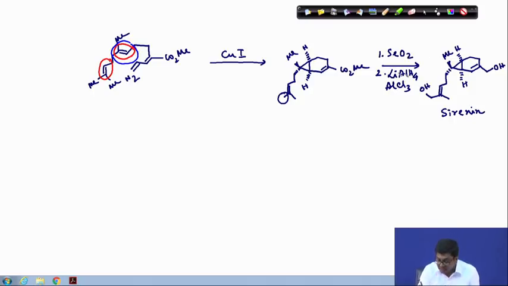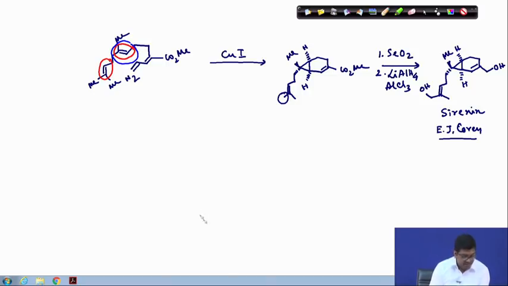So, here selenium dioxide mediated allylic oxidation followed by reduction in presence of lithium aluminum hydride gives this natural product cyrenene. This has been done by Professor E. J. Corey. Okay. So, this is one beautiful example where cyclopropane synthesis via the addition of these metallocarbenes to the olefin leads to the natural product.